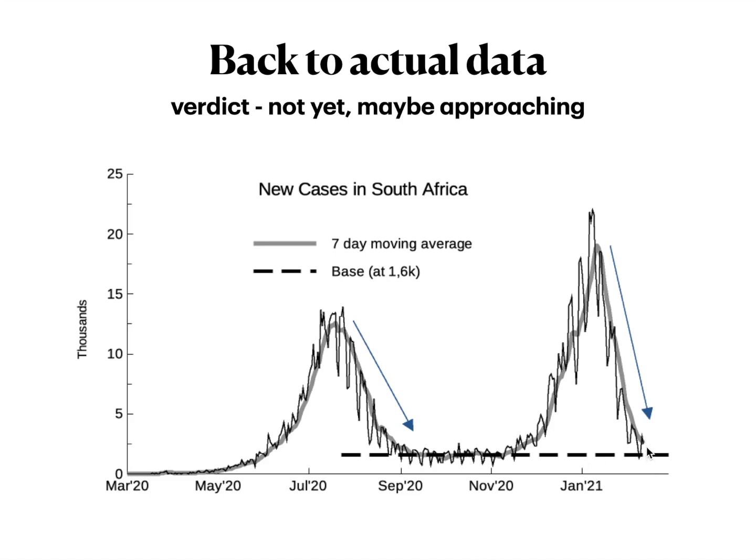If the moving average can convincingly puncture this level, the 1,600 new cases per day level, then we can aggressively ease down on lockdown regulations and hope that the pandemic is over, and keep a close eye on this to see if it spikes up again after those relaxations. However, at the moment, it seems we are slowing down. We are not ramming through this, but this moving average is slowing down, and it might turn and hover around this level again, which would mean it's spreading to these new pockets at that point in time.